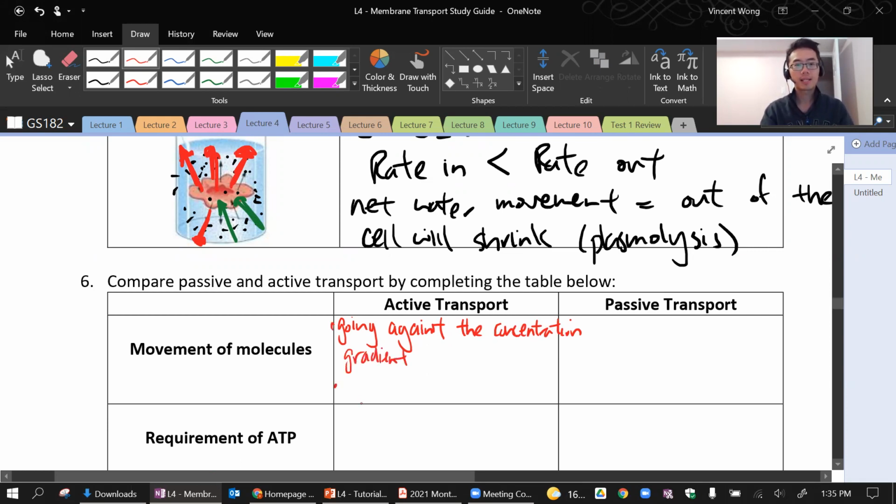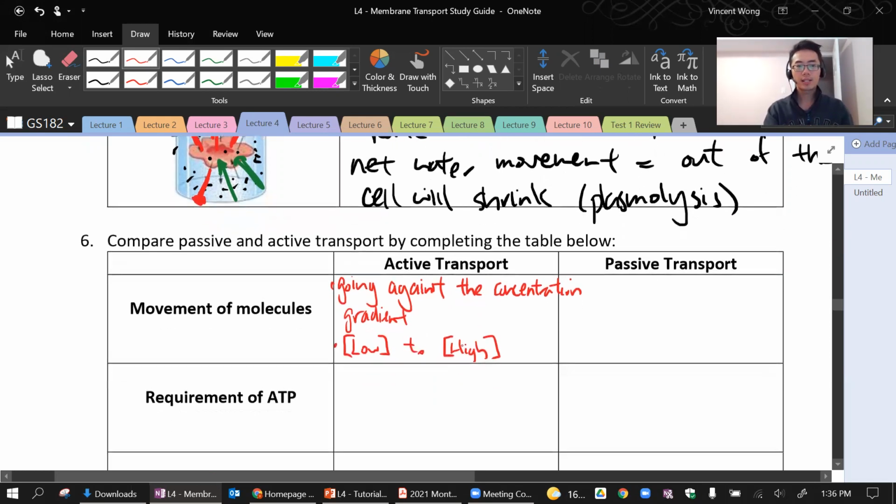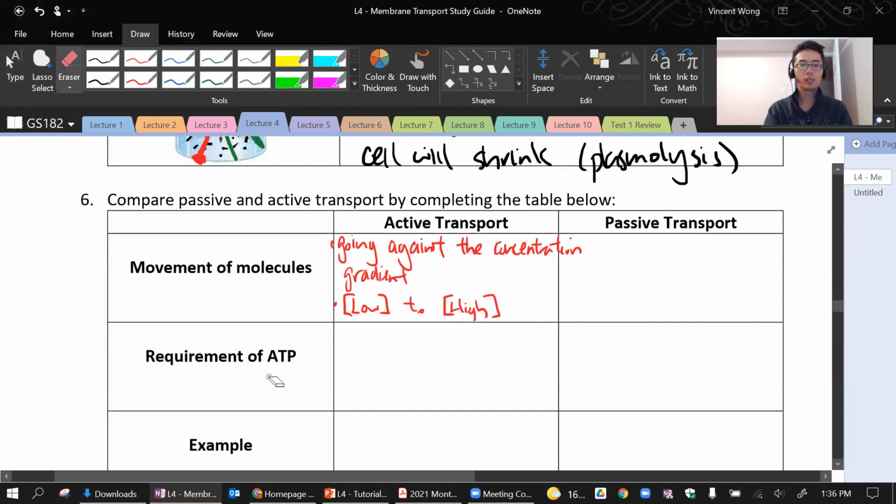What that means is it goes from low concentration to high concentration, going uphill essentially. And in order to do that, it requires ATP from the cell.